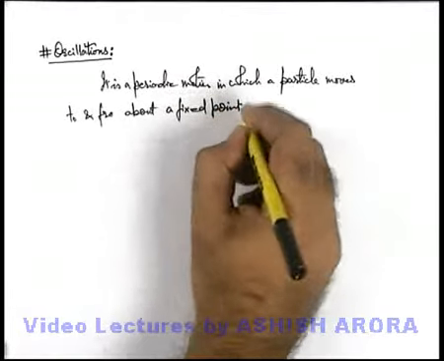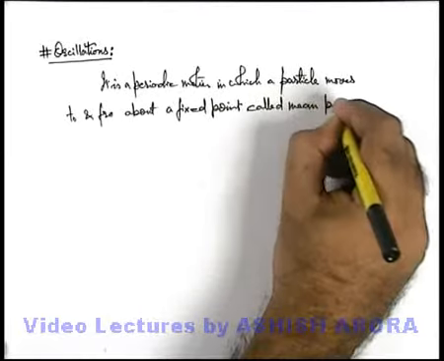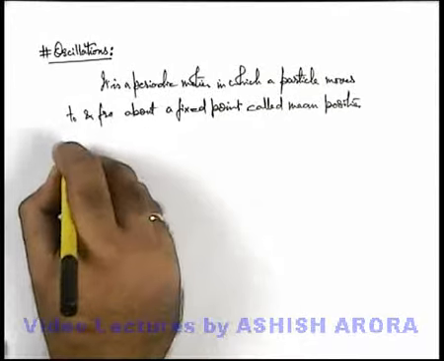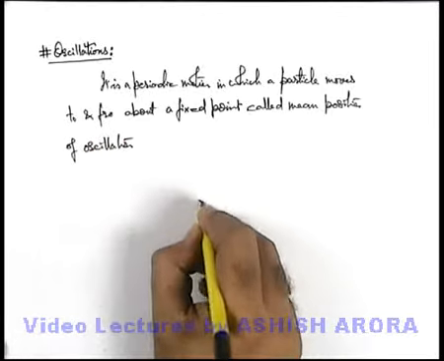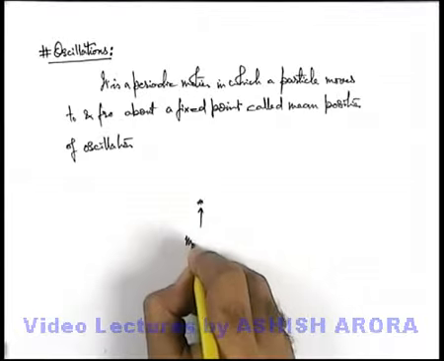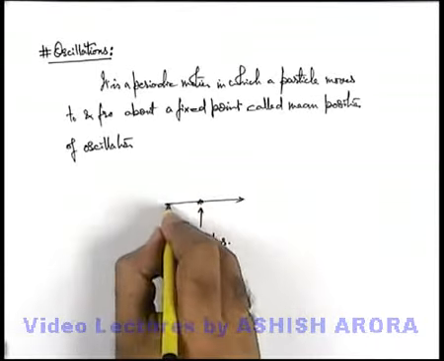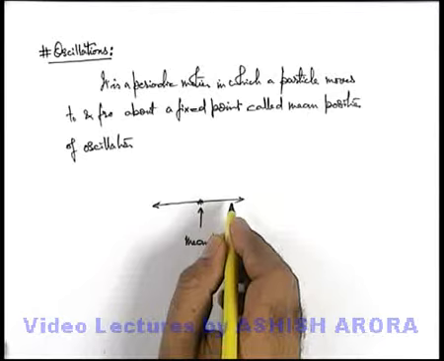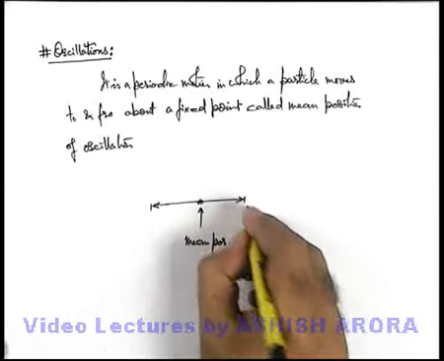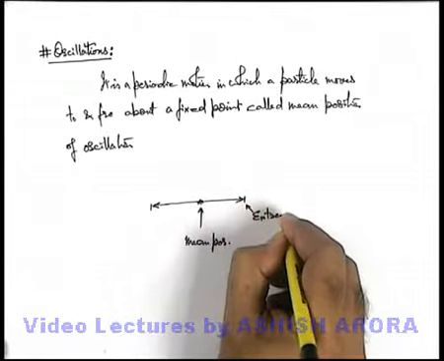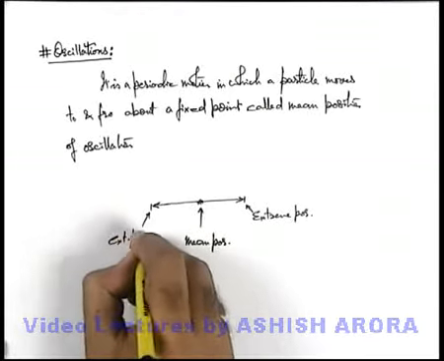This fixed point is called the mean position of oscillation. Basically, say this is the mean position of oscillation and a particle is moving to and fro about the mean position on the two sides of it, and these two ends up to which the particle is moving are called extreme positions. This is also an extreme position.